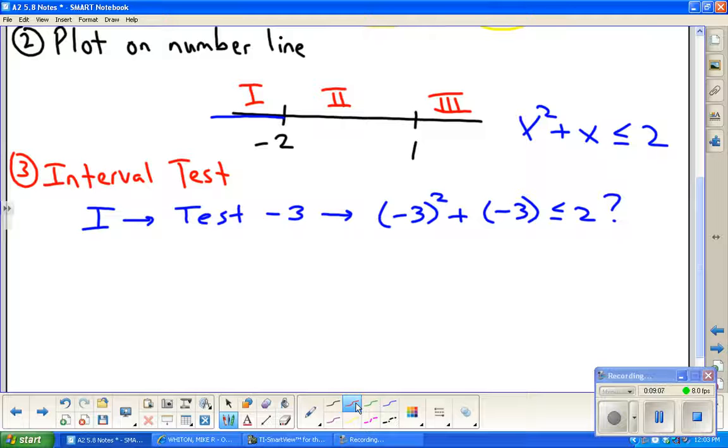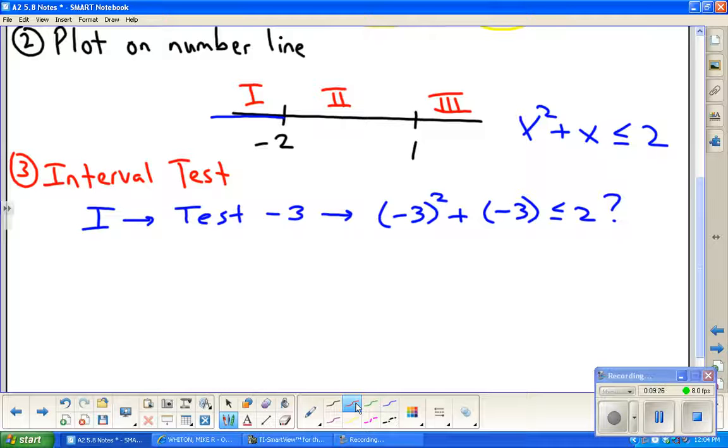Okay, question? When you do it in a calculator, it's best to do it this way with parentheses so that it knows you're actually taking -3 and squaring that number.